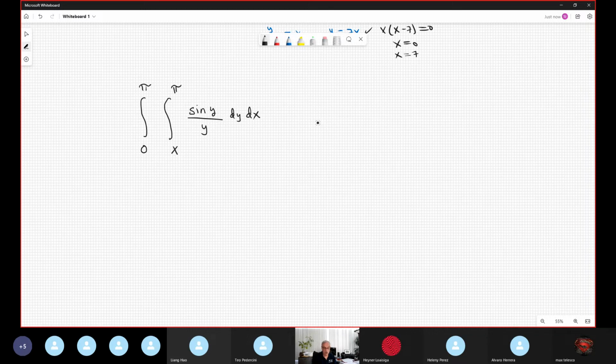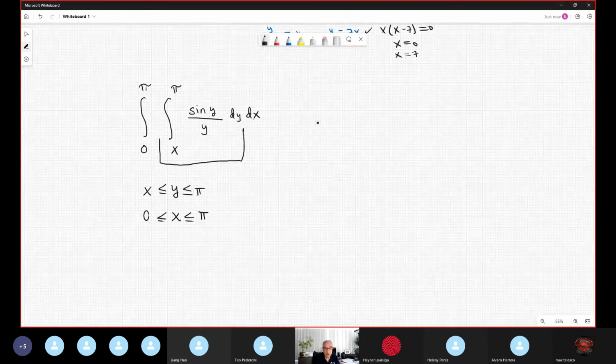What is the hypothetical region the student is supposed to have set up for this integral? I see that the first integral uses y, going from the lower limit to the upper limit. Y goes from x to pi. And x goes from 0 to pi. 0 to pi. Not 2 pi, just pi.